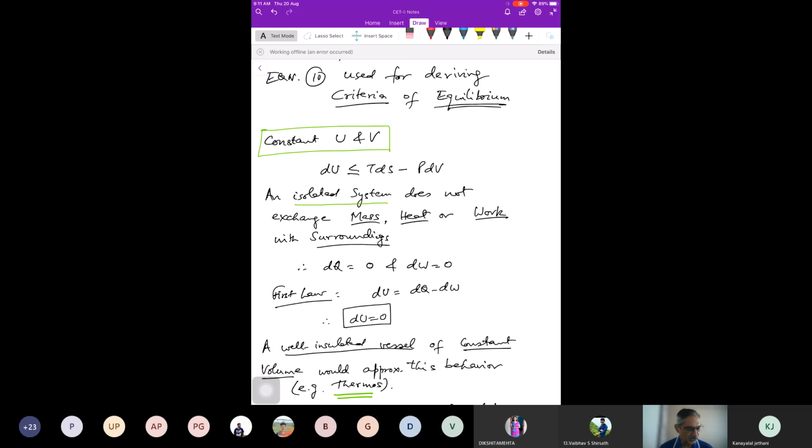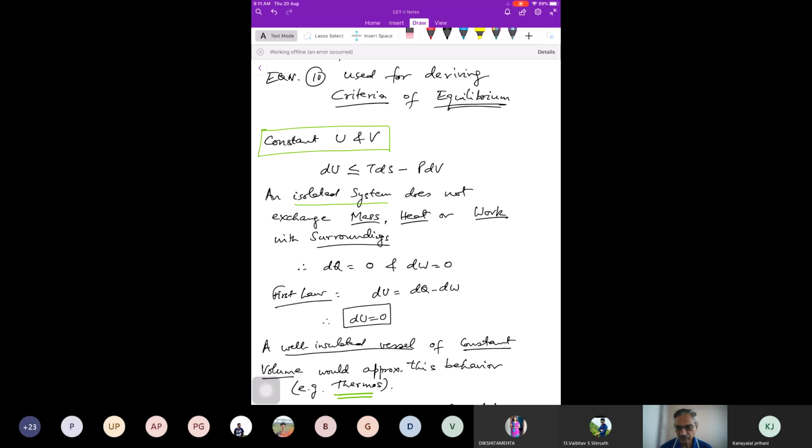And for an isolated system, which does not exchange mass, heat or work with the surroundings, that means there is no interaction with the surroundings, dQ is equal to 0 and dW is also equal to 0. Our systems, chemical systems, are normally isolated. There is no interaction between the system and the surroundings.